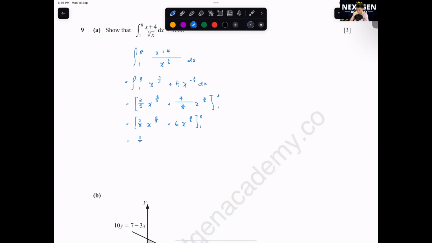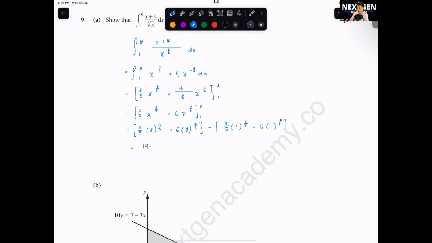So here you get 3 over 5 times 8 to the power of 5 over 3, sub in the 8 and 1: minus 3 over 5 times 1 to the power of 5 over 3 plus 6 times 1 to the power of 2 over 3. So you get 19.2 plus 24 minus 0.6 plus 6, which you'll end up with 36.6.